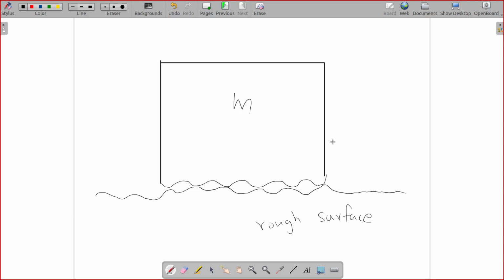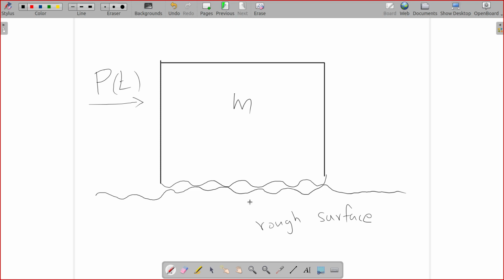Let's say this is our mass m, and on this mass we apply the external force P, which is a function of time. So why did I draw the surface like this? Why is this curvy? Because no surface can actually be smooth.